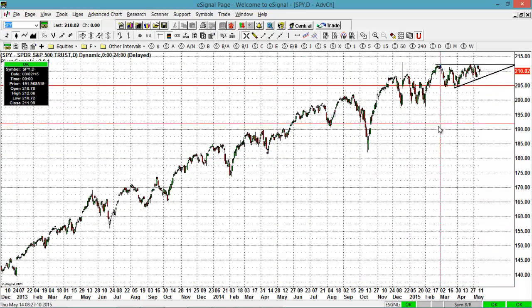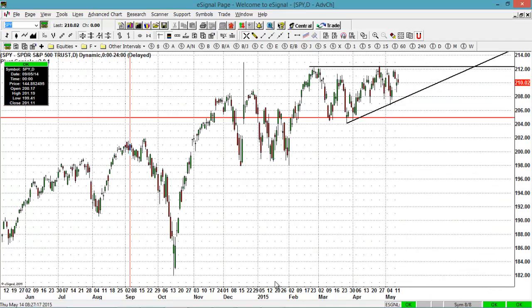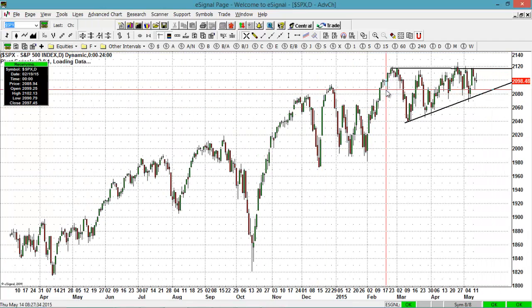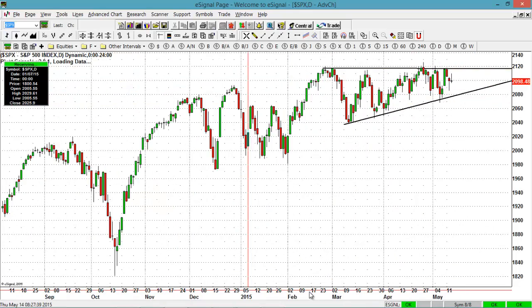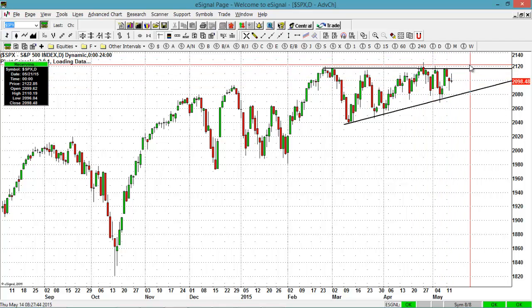If we're able to punch above this 212 area on the SPY ETF, that will be bullish for stocks, and we could see a push higher up into the 216 or 218 level. If I go to the index itself, that will translate to 2120. As you can see, the triangle here, 2120. If we close above 2120, that would indicate that we could go a bit higher.